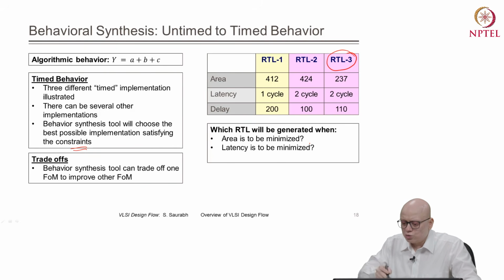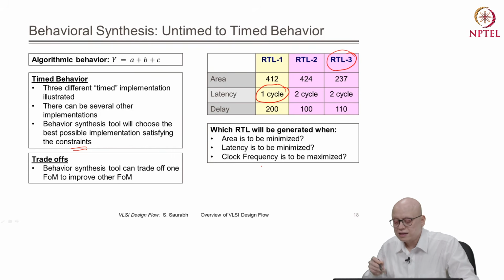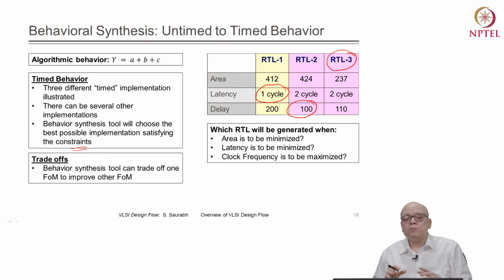If we want to minimize the latency, then probably we'll use the first implementation, RTL1. And if we want to maximize the clock frequency, then probably we can choose RTL2, which has the minimum delay. So depending on objectives, the behavior synthesis tool can produce one of these outputs among all the evaluated outputs.